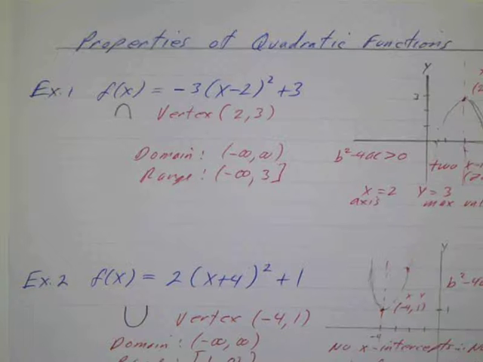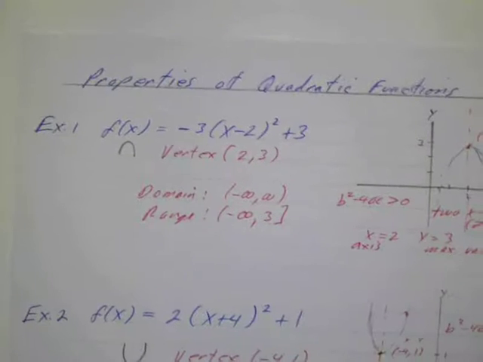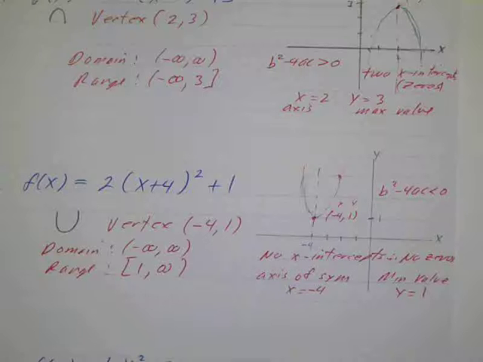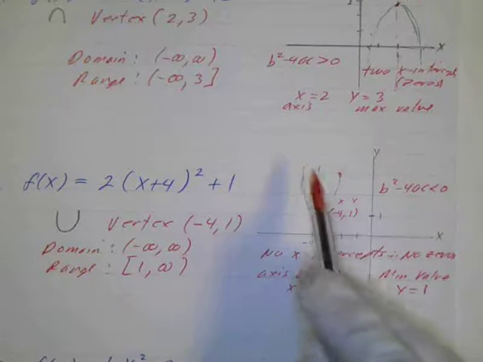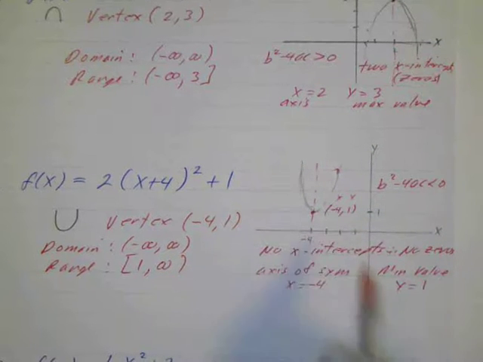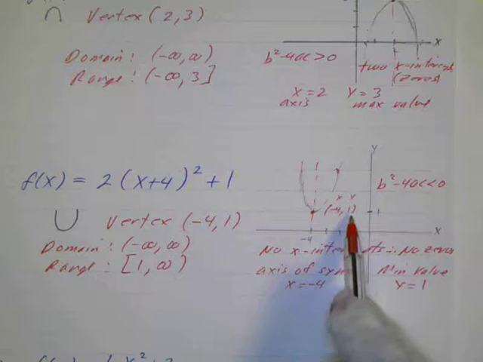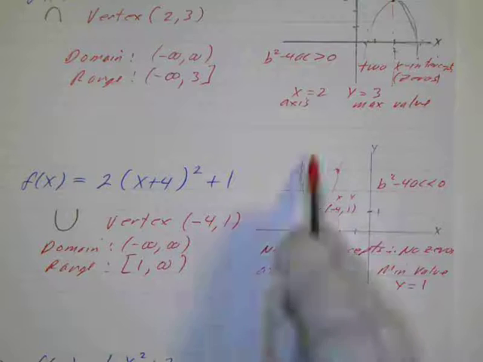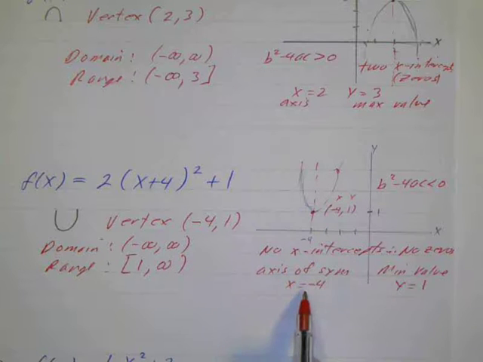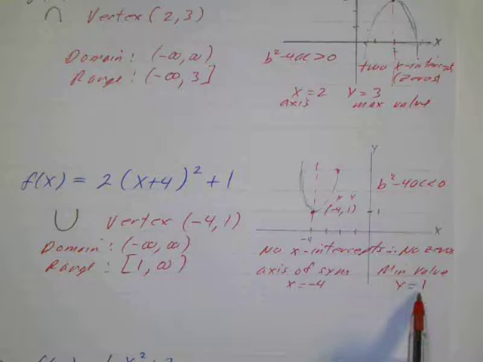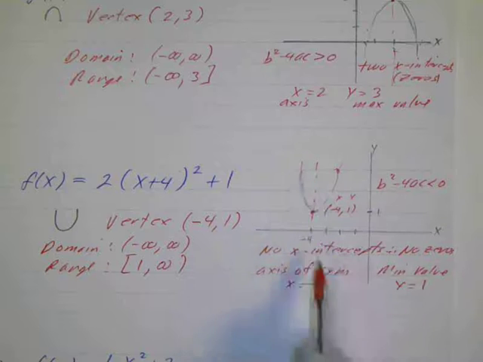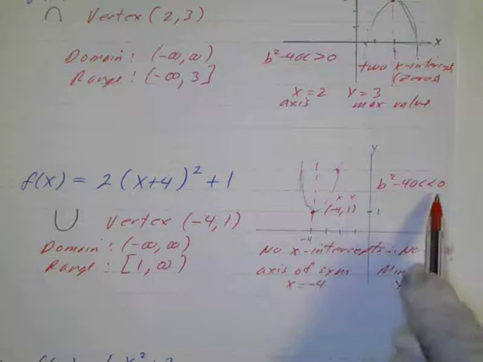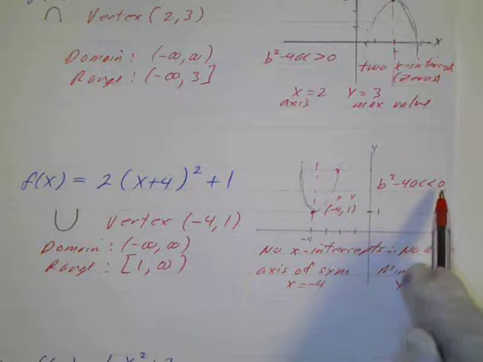So if we look at these two again, you just get your graph, and your vertex is negative 4, 1. You can see that our axis of symmetry is at x equals negative 4, that's this vertical line, and the minimum value is y equals 1. It doesn't cross the axis, so it has no intercepts, no zeros, so we know the discriminant must be less than 0.